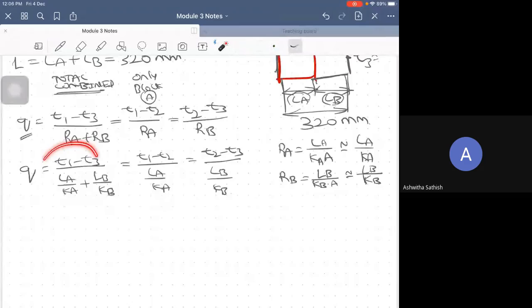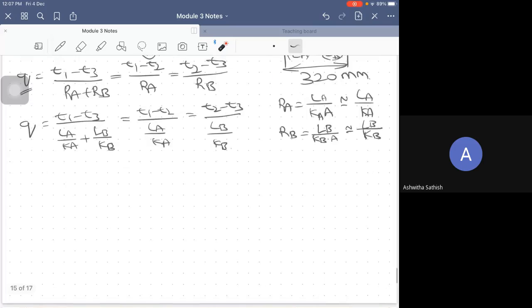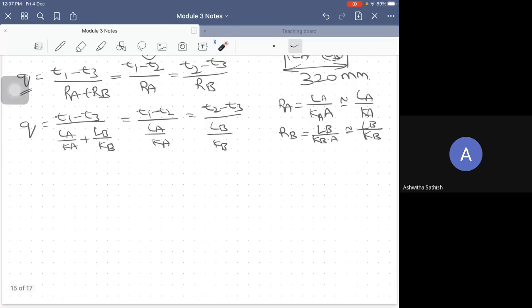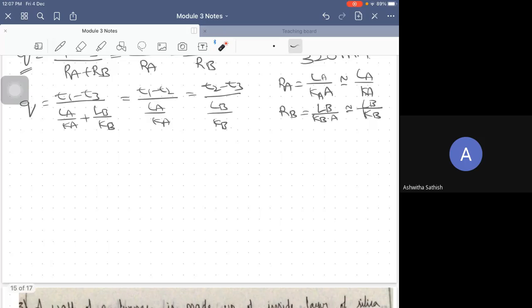So this is the overall heat flux, which remains the same whether you calculate with respect to the combined block, block A, or block B. The value of heat flux throughout remains the same. So you can equate the first two, and both yield the same answer.